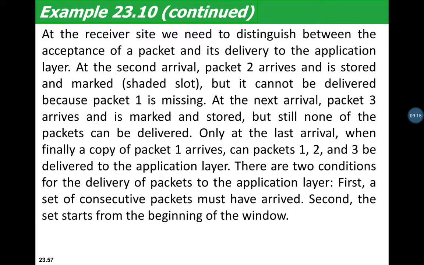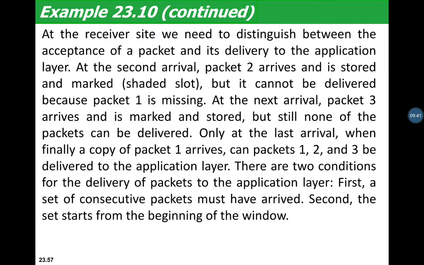So at the receiver side, we need to distinguish between the acceptance of a packet and its delivery to the application. At the second arrival, packet 2 arrives and is stored and marked, but it cannot be delivered because packet 1 is missing. At the next arrival, packet 3 arrives and is marked and stored, but still none of the packets can be delivered.